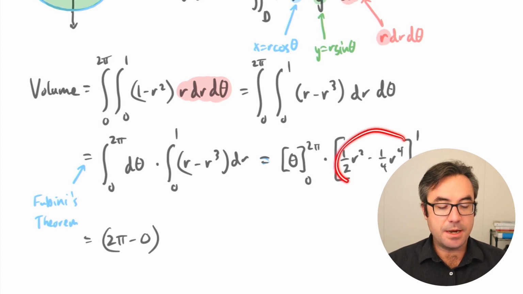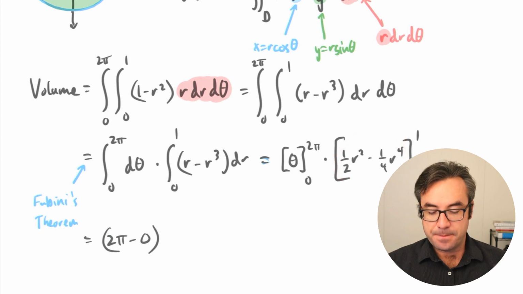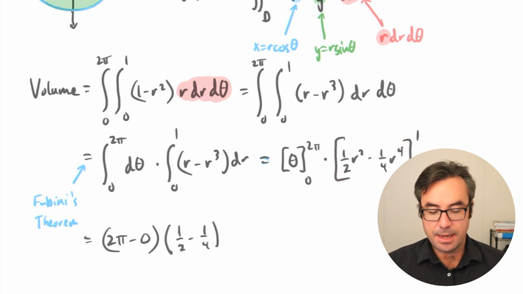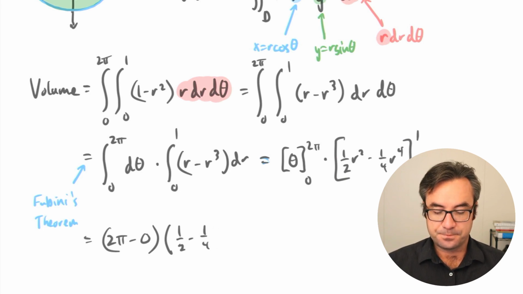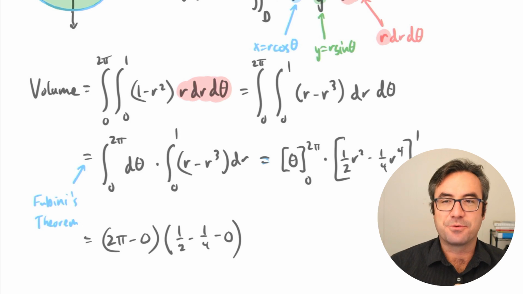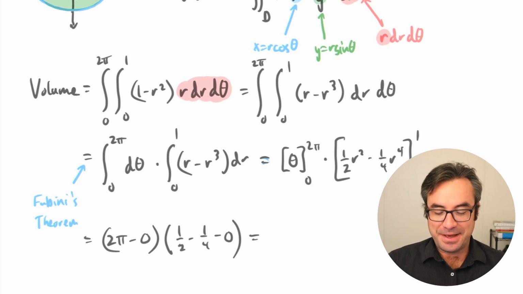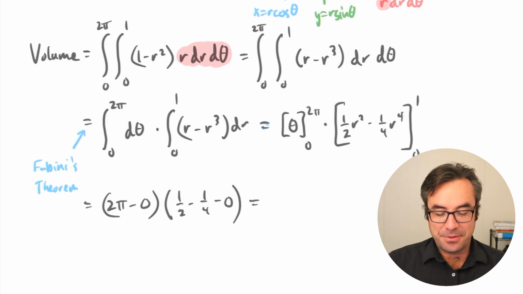And when we plug in and do the subtraction over here, we end up with 1/2 minus 1 over 4, well, minus 0. Probably shouldn't have written the minus 0. What are you going to do? And if we simplify this down, we end up with 2 pi times 1 over 4, which is pi over 2.